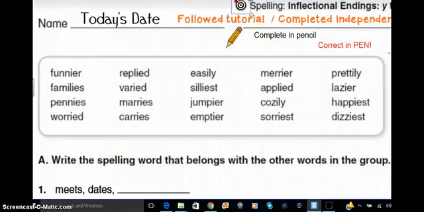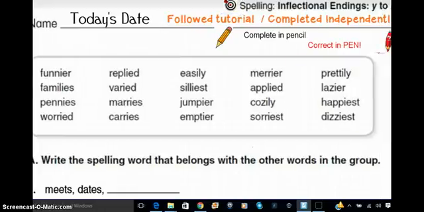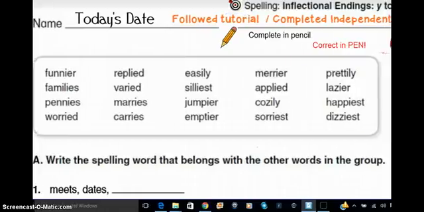All right. Once again, if you're doing the tutorial, make sure that you do it independently or follow the tutorial. Anyway, we're going to do it in pencil. Our targets today are to work with inflectional endings. And remember, this is nothing unusual for you.